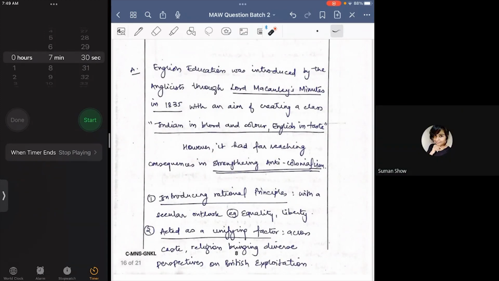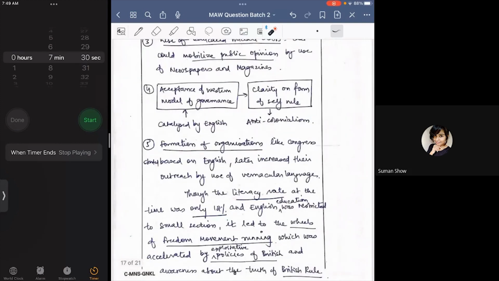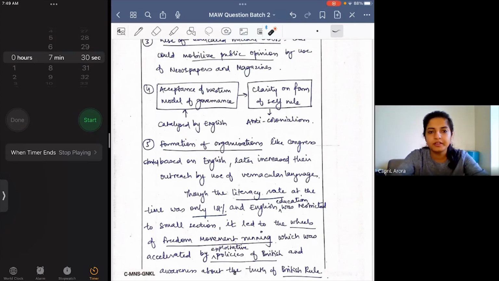Ma'am, I have also written that apart from English education, there were many factors. So I made a paragraph on that. Can I write this also after the five points? Yes, you can. So one request for everybody. I will not be able to validate all the points that you have written. However, I'm giving you an ideal structure. Try to extrapolate whether what you have written could have been a part of the answer.